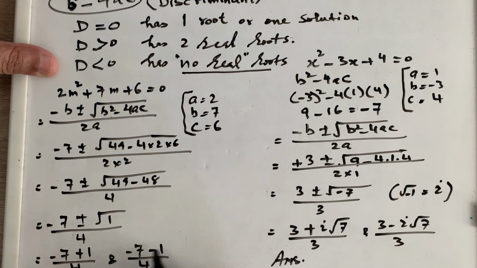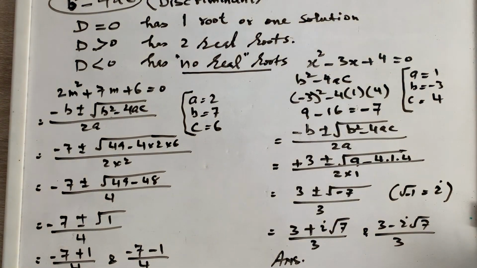And here it will be minus 7 minus 1, so minus 8 divided by 4. So this brings out minus 3 by 2 and minus 2 as my answer. This is my answer.